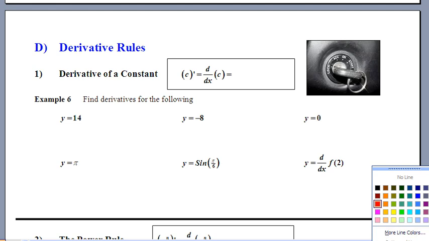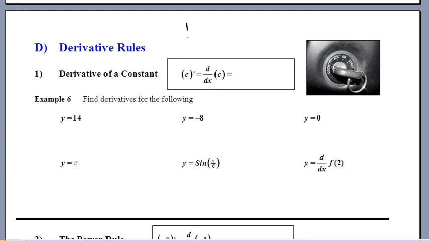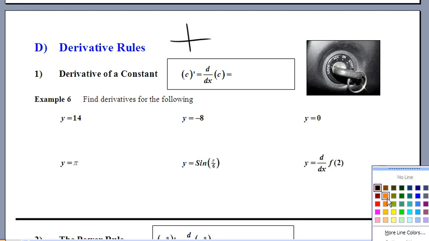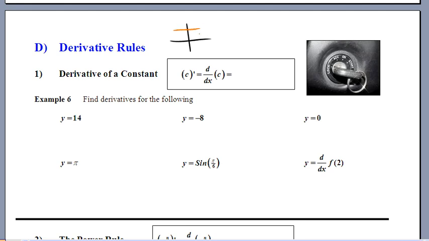First rule: what is the derivative of a function that's just a constant, like this one, y equals 14? Well, if you graphed that, y equals 14 is just a flat line, way up there at 14, and its slope is always 0. So the slope of this one all day long is equal to nothing. The same thing with this graph, y equals -8.